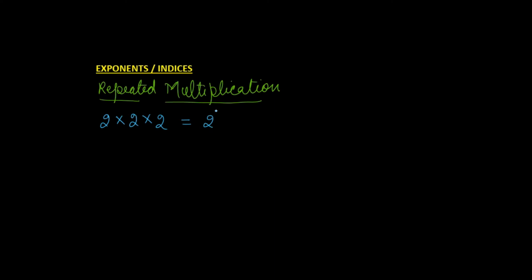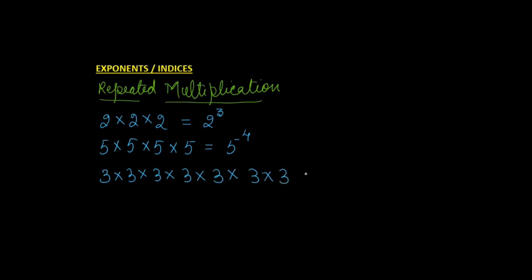It is written as 2 raised to the power of 3. If we multiply 5 repeatedly 4 times, then we can write 5 to the power of 4. Similarly, if we have 3 repeated 7 times, then we can write it as 3 to the power 7.